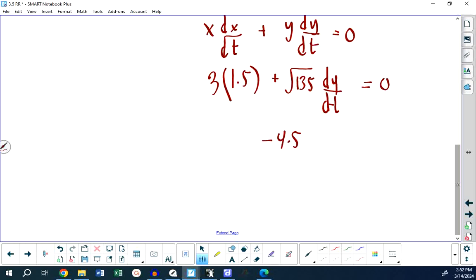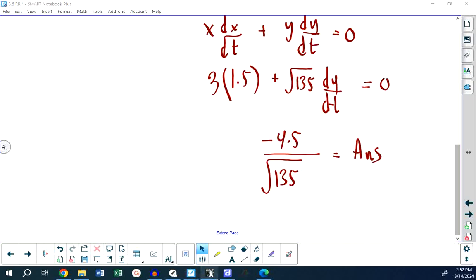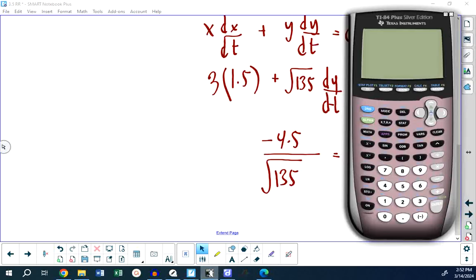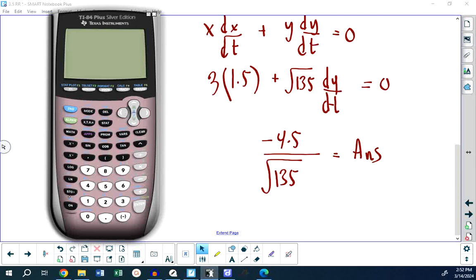Well, I get 4.5. I subtract this over and divide by root 135. That's the answer to the question. Well, I shouldn't say that's the answer to the question. This is what dy/dt is.